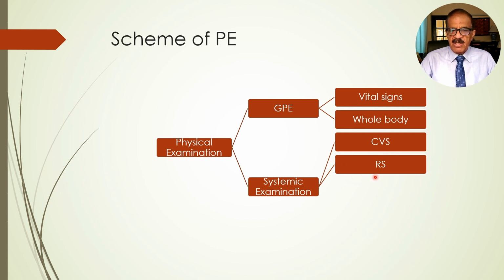Next is the respiratory system. In the respiratory system, you may start with examination of the hands to make sure there is no cyanosis, and then you look at the chest, with inspection, palpation, percussion, and auscultation. You also examine the trachea. That completes the respiratory system. Then in the gastrointestinal system, you examine the abdomen, and preferably the abdomen should be exposed.